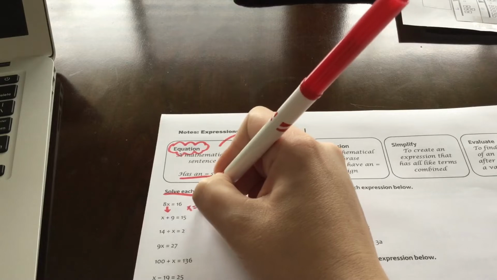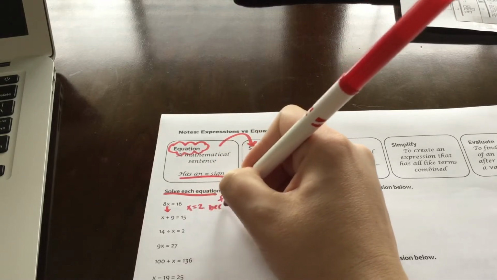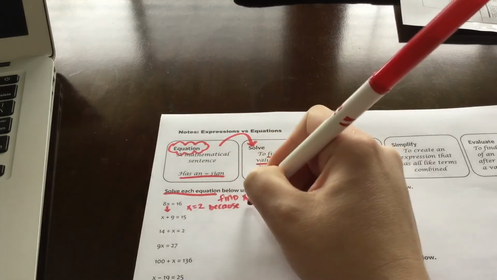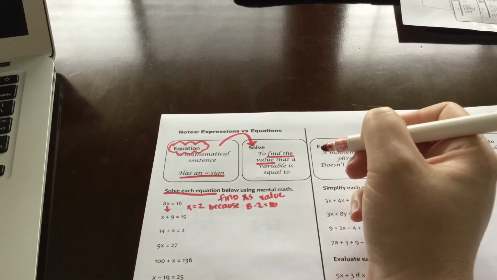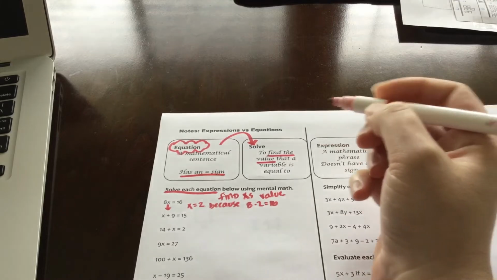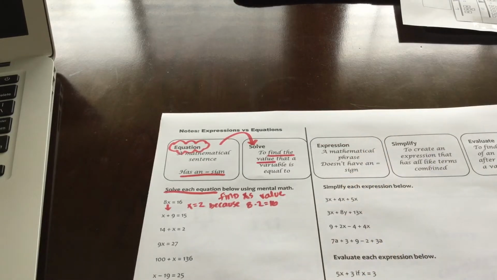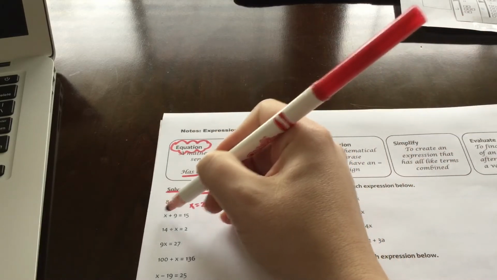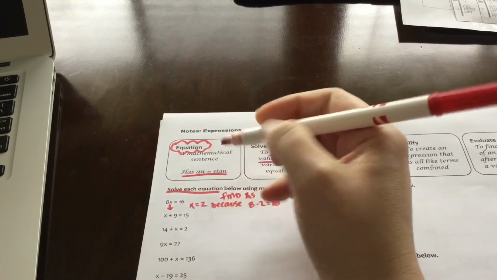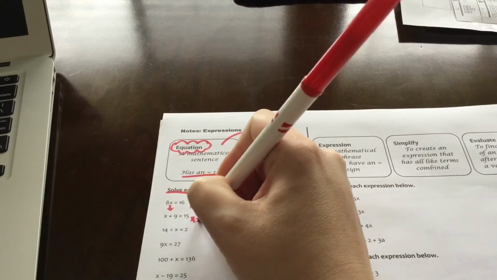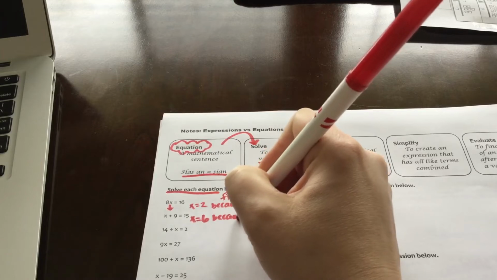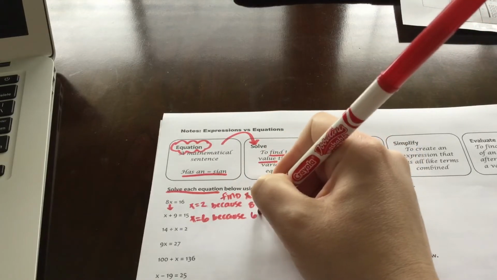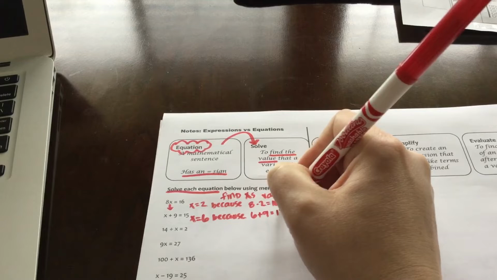The x has to equal 2 because 8 times 2 equals 16. In the second, something plus 9 equals 15. The x has to equal 6 because 6 plus 9 equals 15.